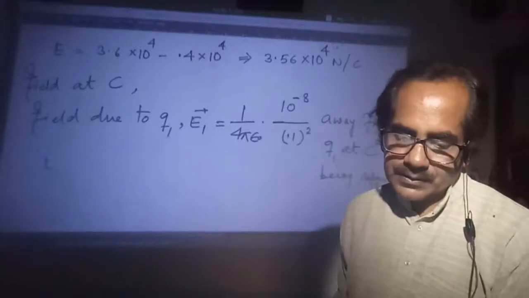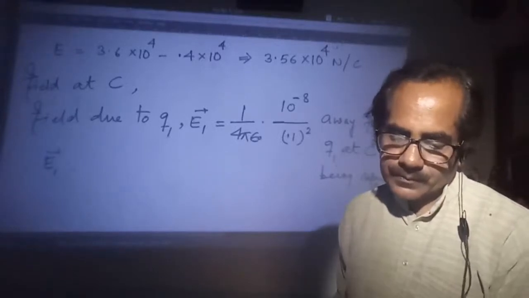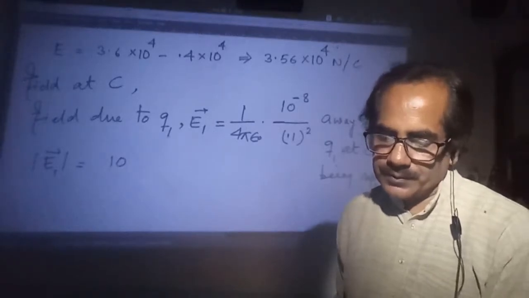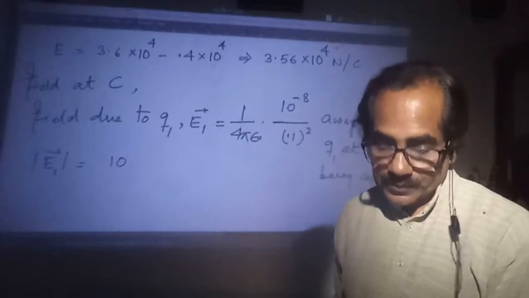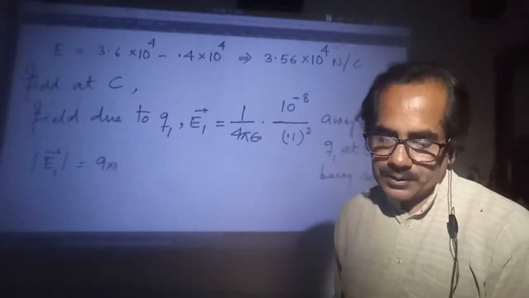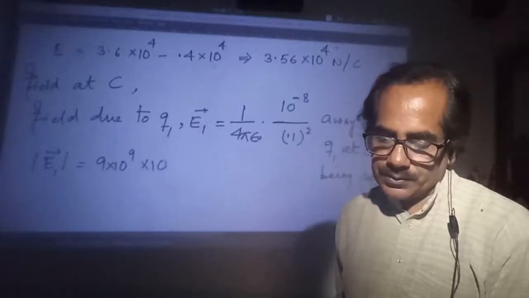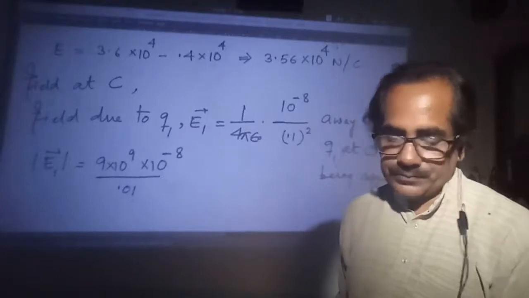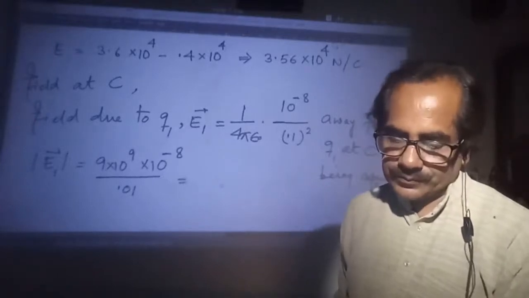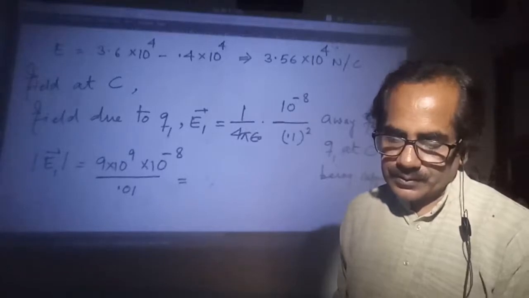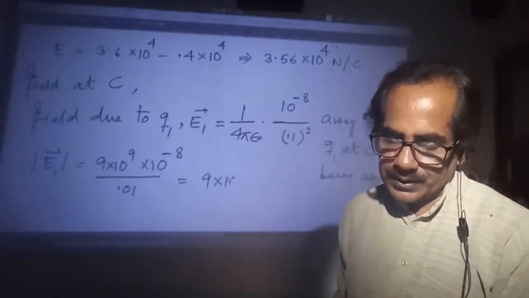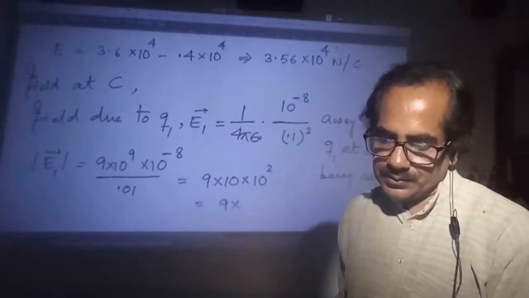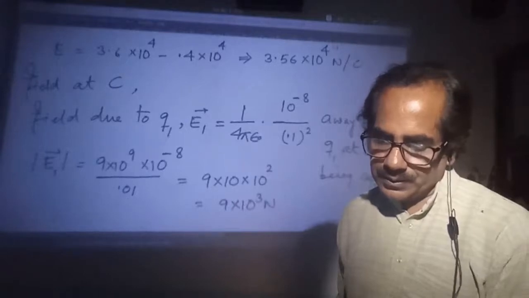So E1 is 9 into 10 to the power 9 into 10 to the power minus 8 upon 0.01, that is 9 into 10 to the power 3 Newton per Coulomb.